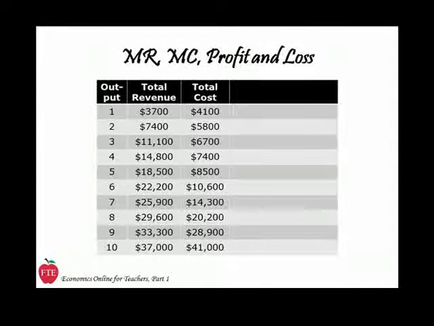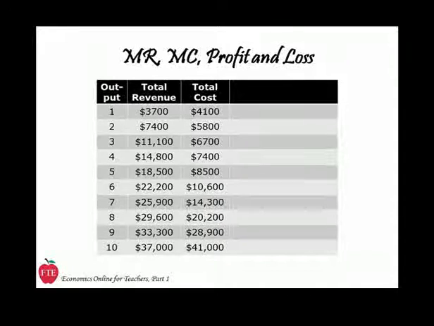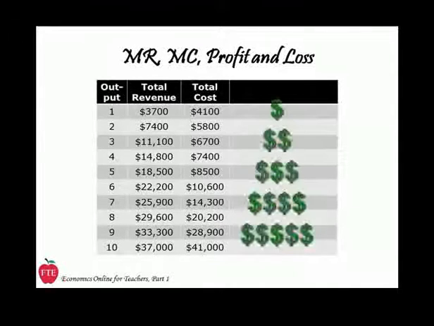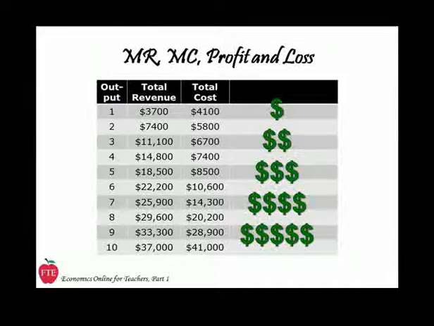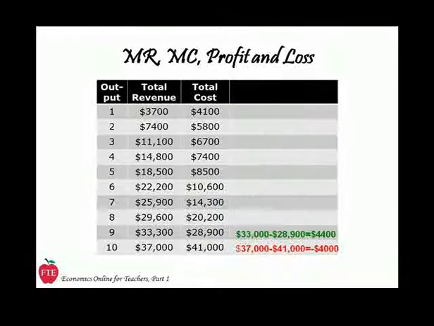We might be tempted to answer that question by comparing columns 2 and 3 at each level of production. Okay, so we notice that the firm continues to take in more and more money, even if it increases production up to 10 units. But the costs in column 3 are increasing too. Now, up to 9 units, total cost is still below total revenue.